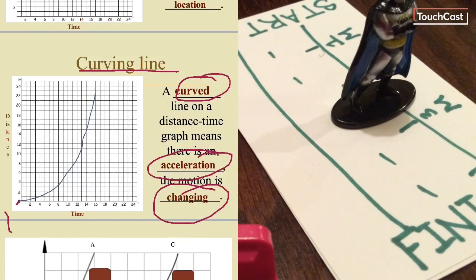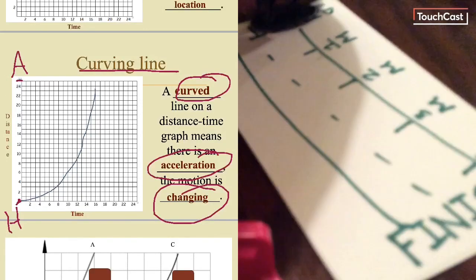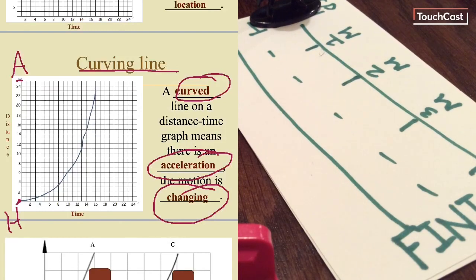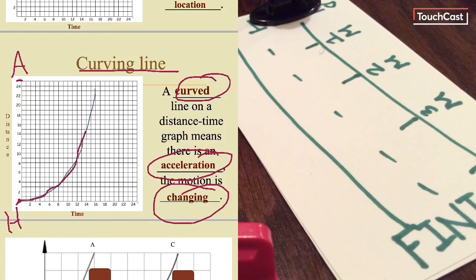Remember, the origin is at home. Up here is away from home, wherever he needs to be. So clearly Batman starts here at home. A curved line says that there is an acceleration, so there's a change in his motion, particularly with his speed. Batman starts here, he's doing okay, and then he speeds up.